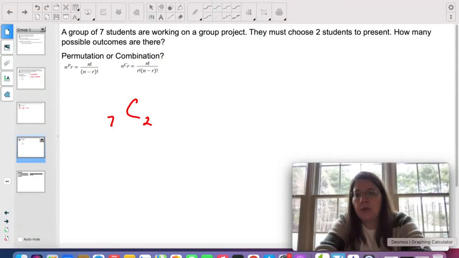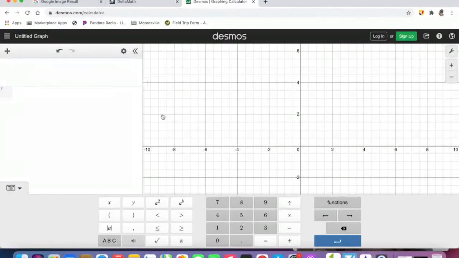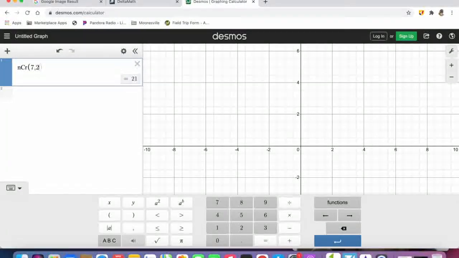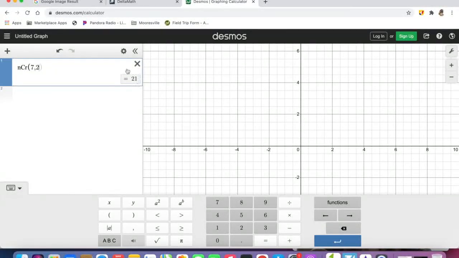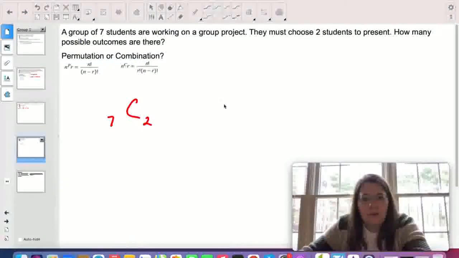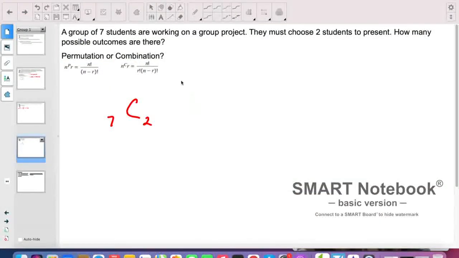I'm going to go into Desmos, go to the functions, and pick the combination. This is 7 choosing 2, 7 comma 2, and that gives me 21 choices. So this one will be 21.